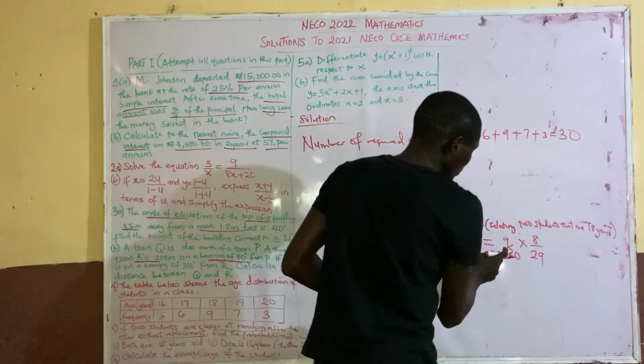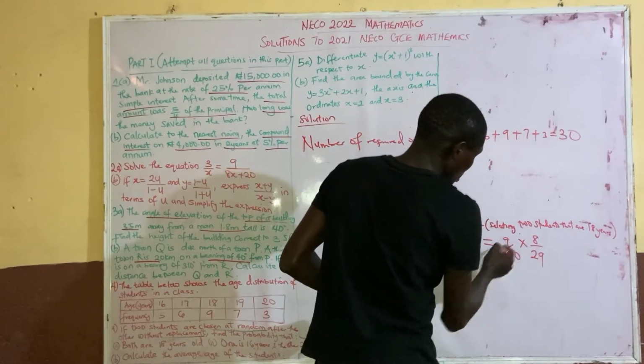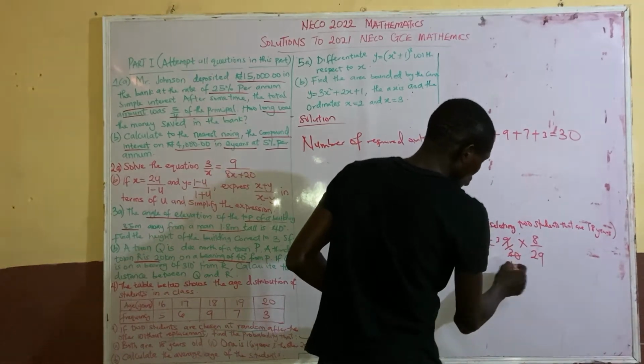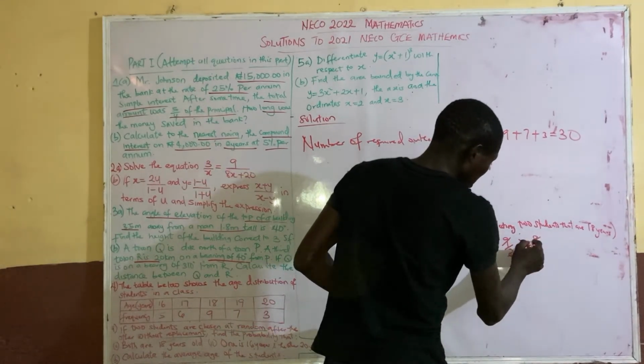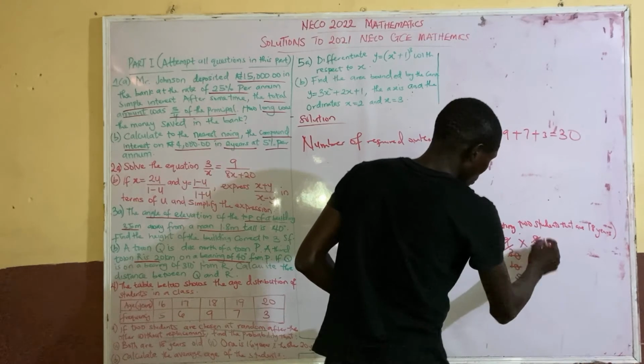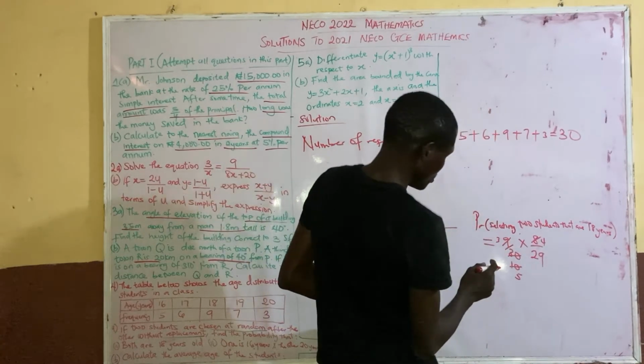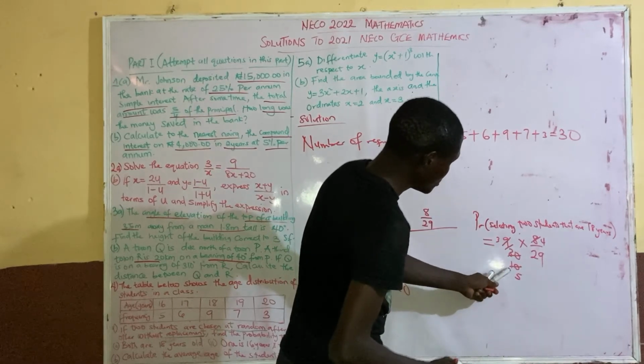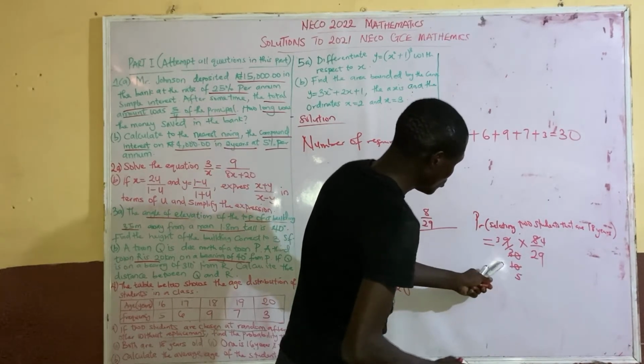So after multiplying, we can divide. 3 here, 3 here, 10. 2 here, 5. 2 here, 4.